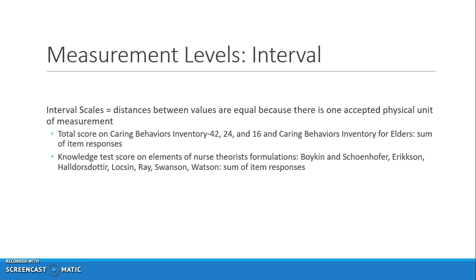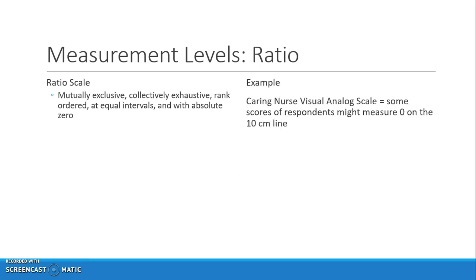Knowledge test score related to nurse theorists, and here's the array of the theorists. Basically, what do you know about them? And here's another example of the sum of item responses. Ratio level data is defined as mutually exclusive, collectively exhaustive, rank ordered at equal intervals with an absolute 0.